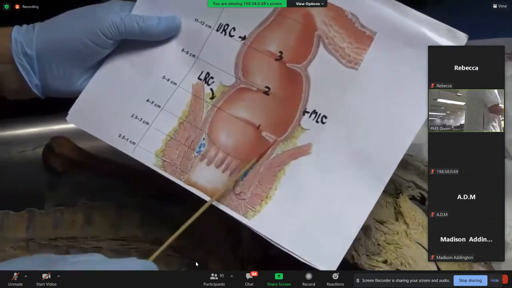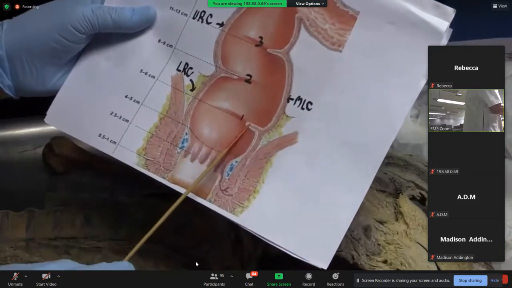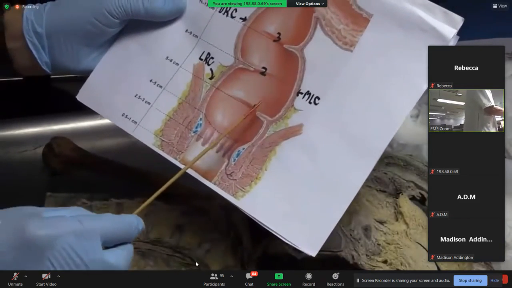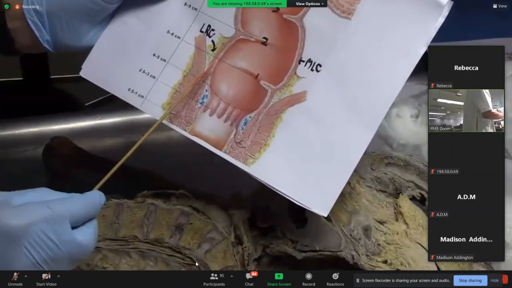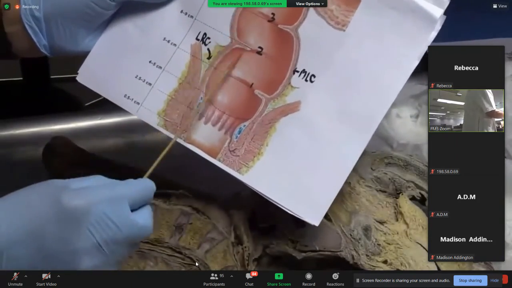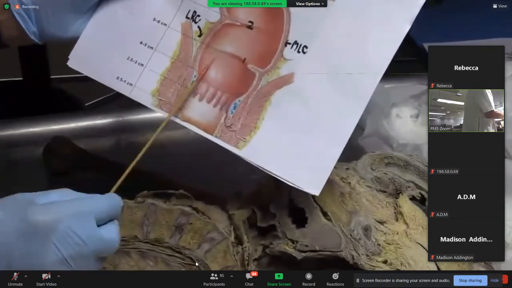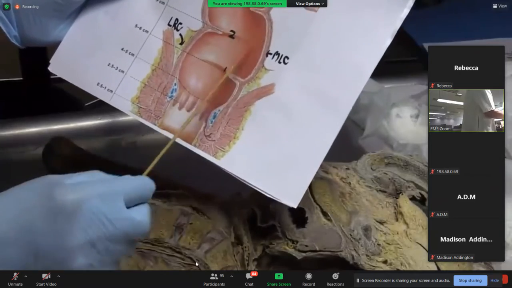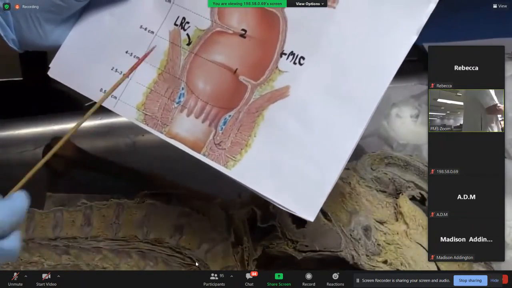The large middle one is delineated by the upper and lower transverse rectal folds, the valves of Houston. The middle one separates the 2 on the right, and these 2 here further delineate the left side one. It's very important.